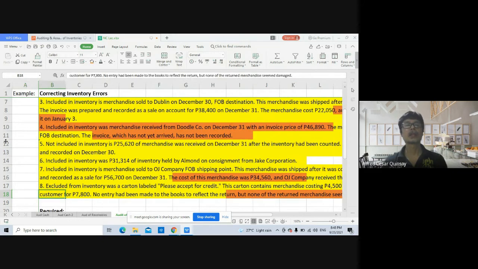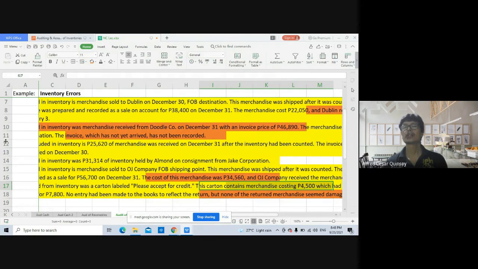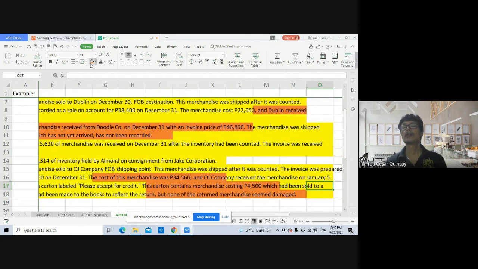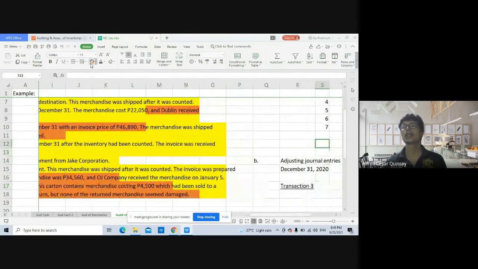Okay, so we will simply add this back, this 7,800. Oh, sorry, that is the selling price pala. The cost, yeah. So the merchandise costing 4,500 to the company's inventory. So we're going to add this.